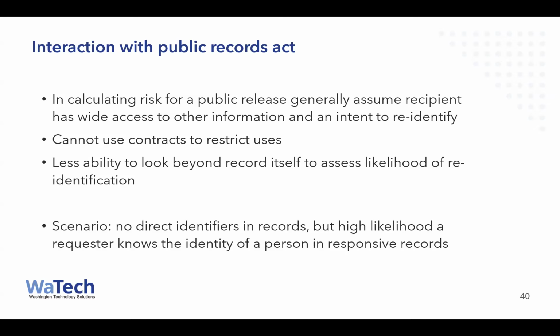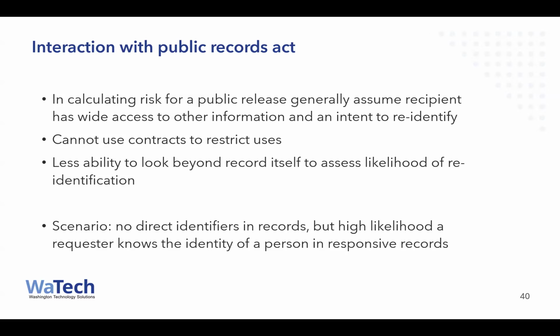So we do have scenarios that come up where, for example, you don't have any direct identifiers in a record, but there's a high likelihood that the requester actually knows who the person is in responsive records. Examples of this include a media request for an incident report where the name of the person who was involved has already been published and is already out there in the public domain.